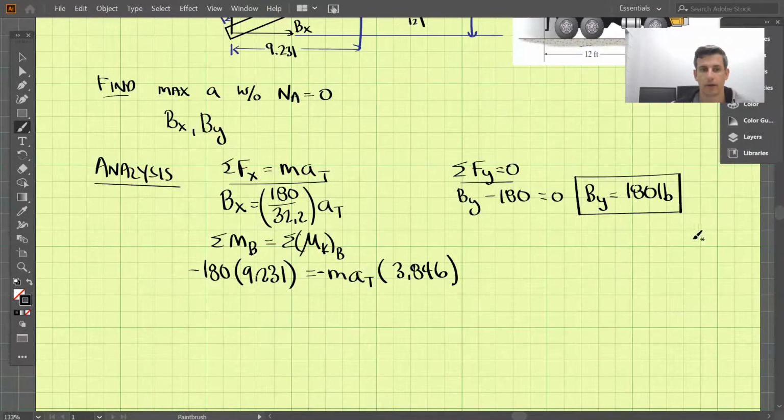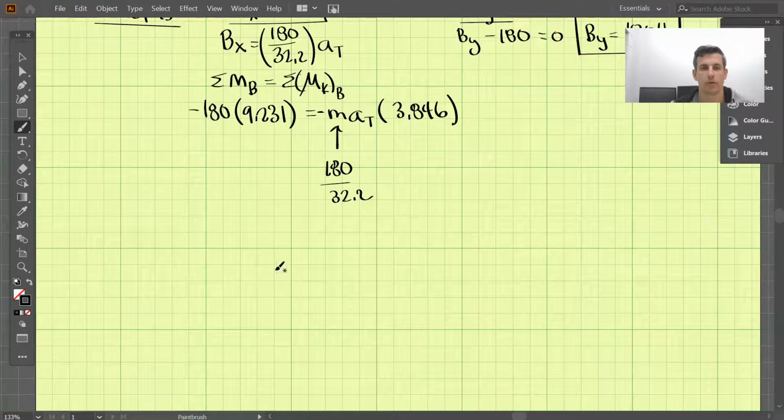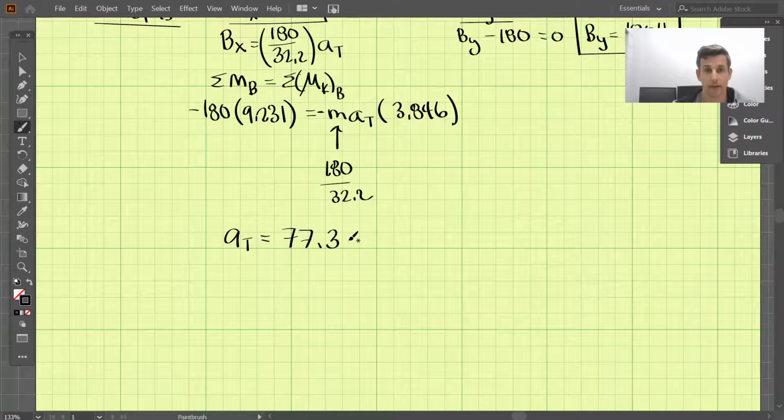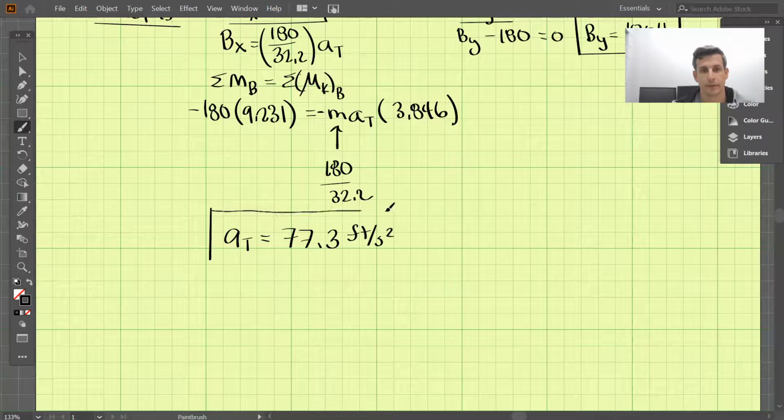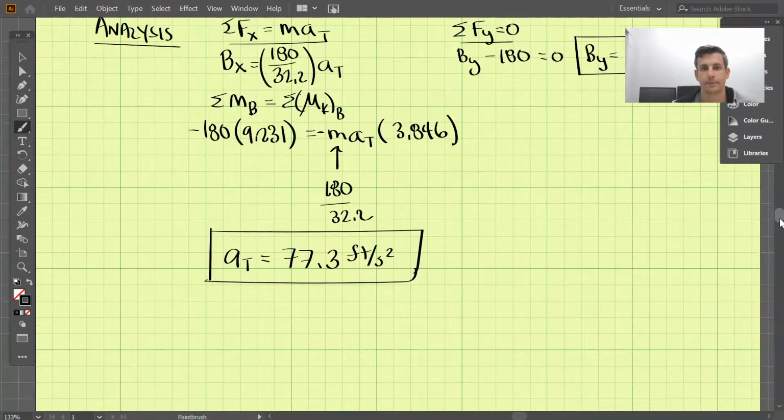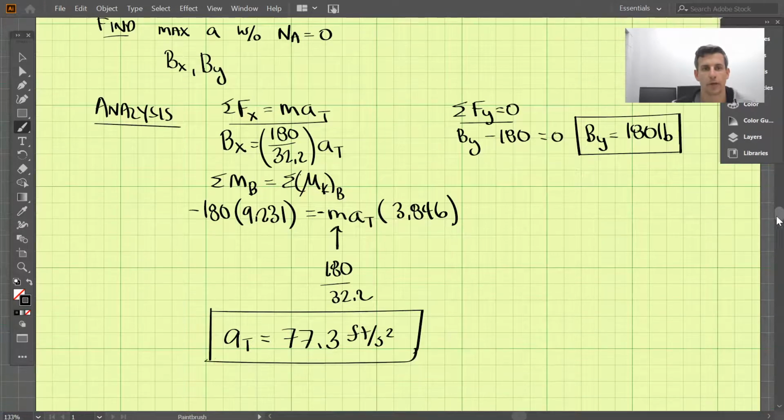Okay, so we know the mass is 180 divided by 32.2. And solving this equation, the acceleration of the truck comes out to be 77.3 feet per second squared. Once we have the acceleration of the truck, we can go back and plug it into this equation to find Bx.